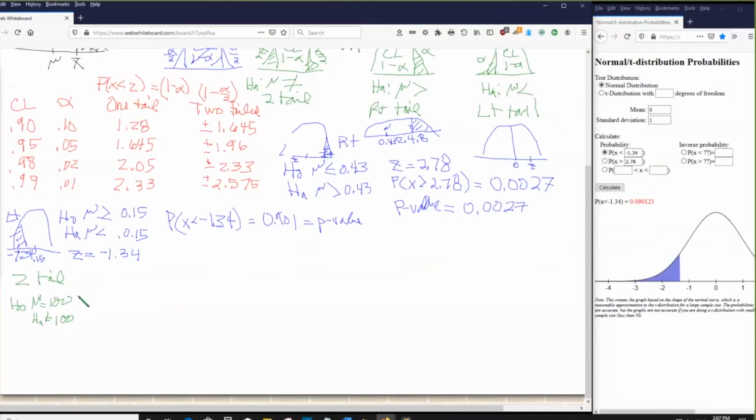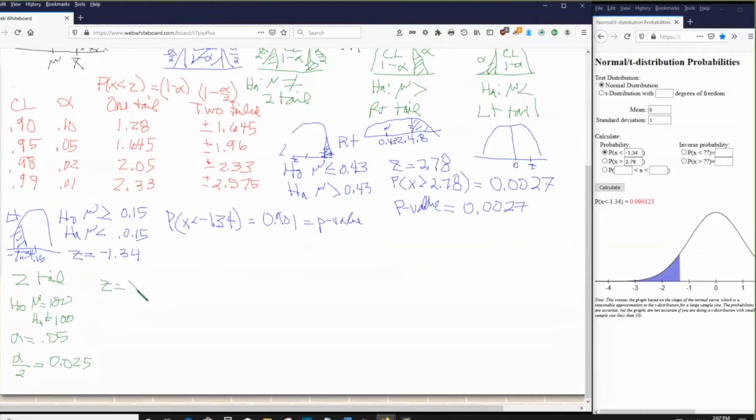Given an alpha equals 0.05, alpha over 2 would give me 0.025.